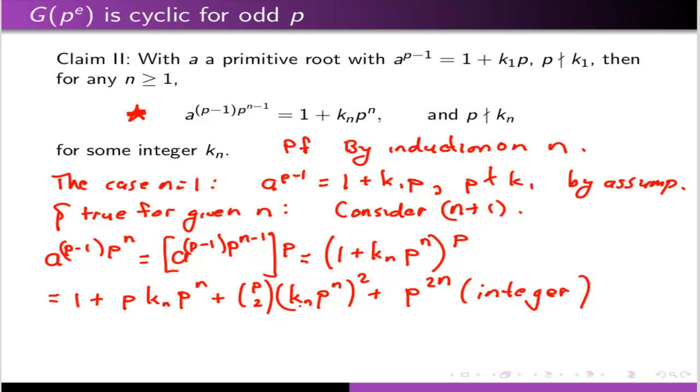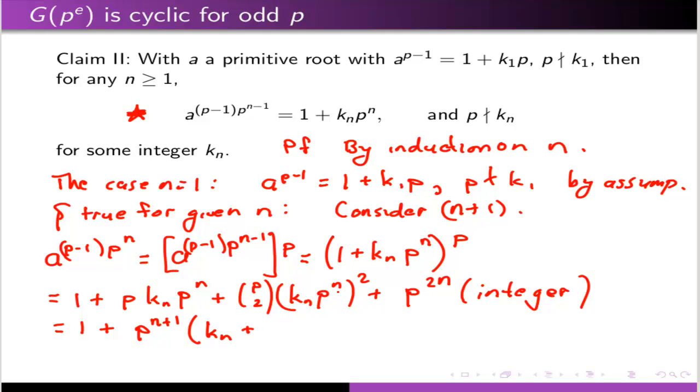So, what am I trying to prove? I want to prove that this is of the form 1 plus some integer times p to the n plus 1, where p is not a divisor of that integer. So this is 1 plus p to the n plus 1. I can see that here. Factor that off, and what am I left with? I've got a kn plus what?